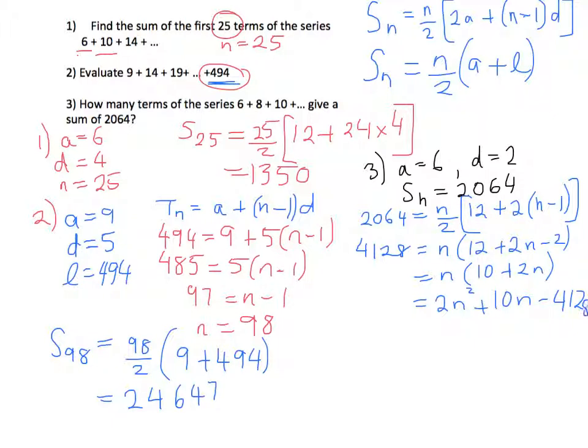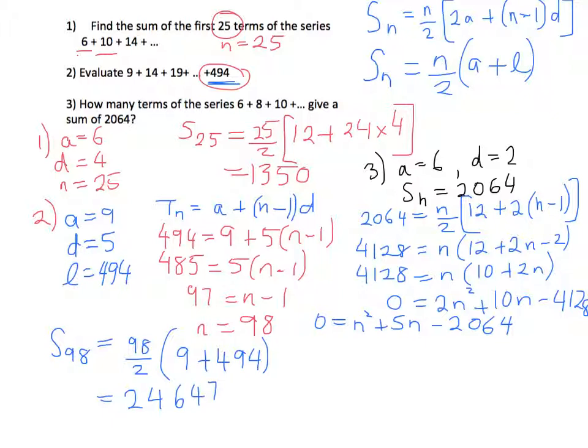So it's 4128 here, but we subtracted that, so that becomes 0. So now we've got a quadratic to solve. Let's divide everything by 2 to make it a little bit easier. n squared plus 5n minus 2,064. We times it by 2 before. Alright, so we're looking for two numbers whose product is negative 2,064 and whose sum is 5.